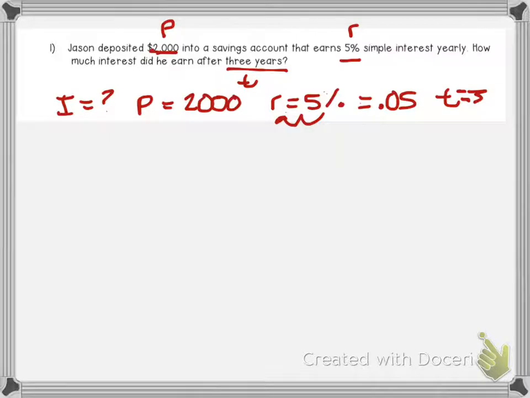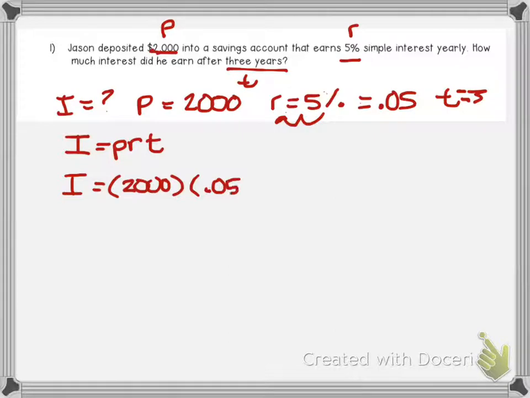Okay, so then I have I equals PRT. I don't know interest. Principal is 2,000. Rate is 0.05. And time is 3.